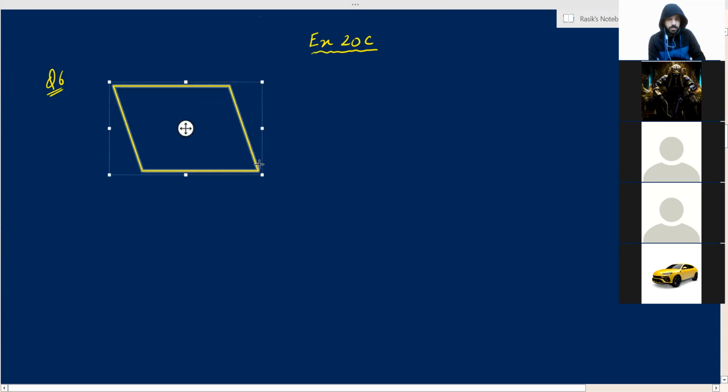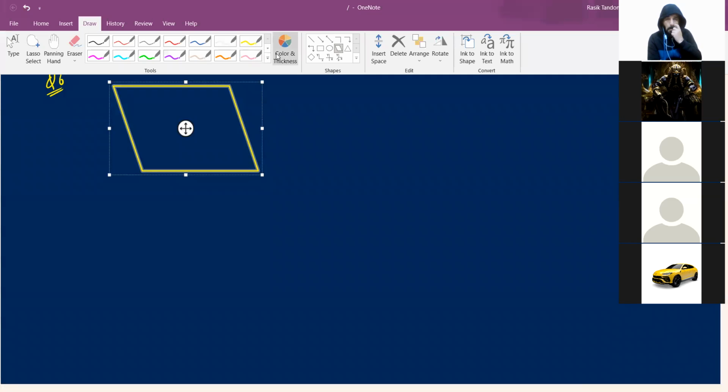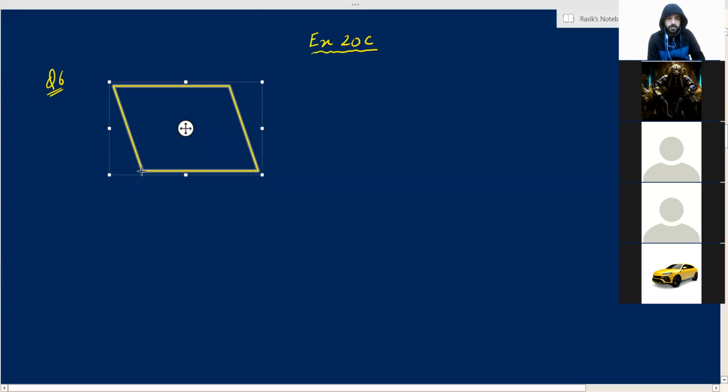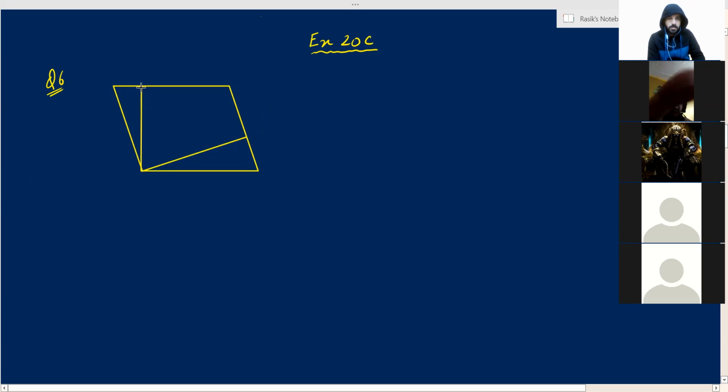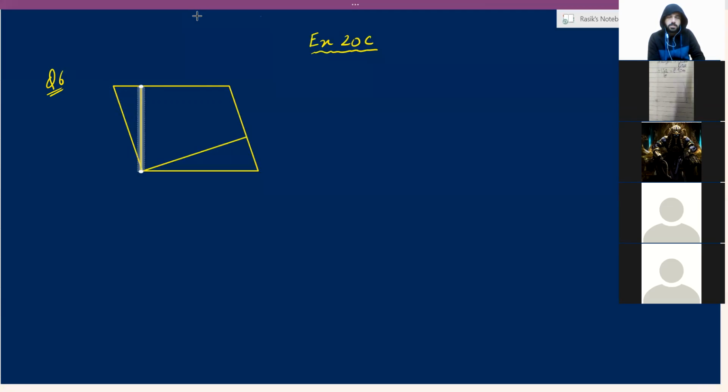Sir, this is a rhombus. Parallelogram. Sir, the figure is like a parallelogram.